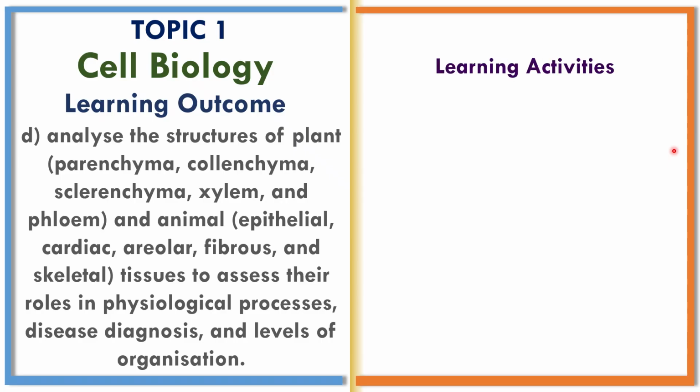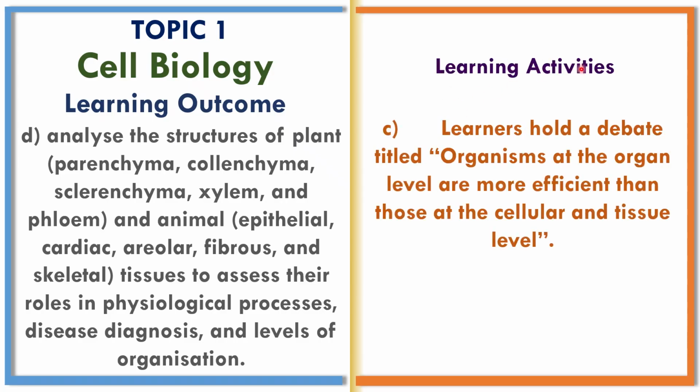We are going to look at our learning activity C. Learners hold a debate titled "Organisms at the organ level are more efficient than those at cellular and tissue level."